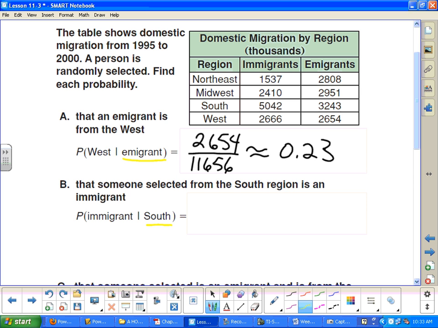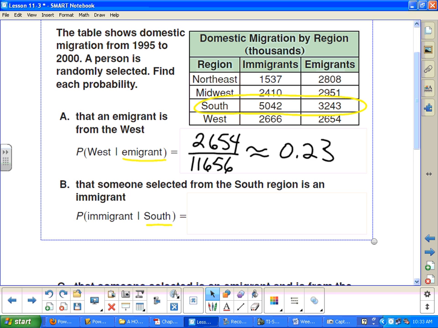How many people are from the South? 8,285, and 5,042 of them are immigrants.